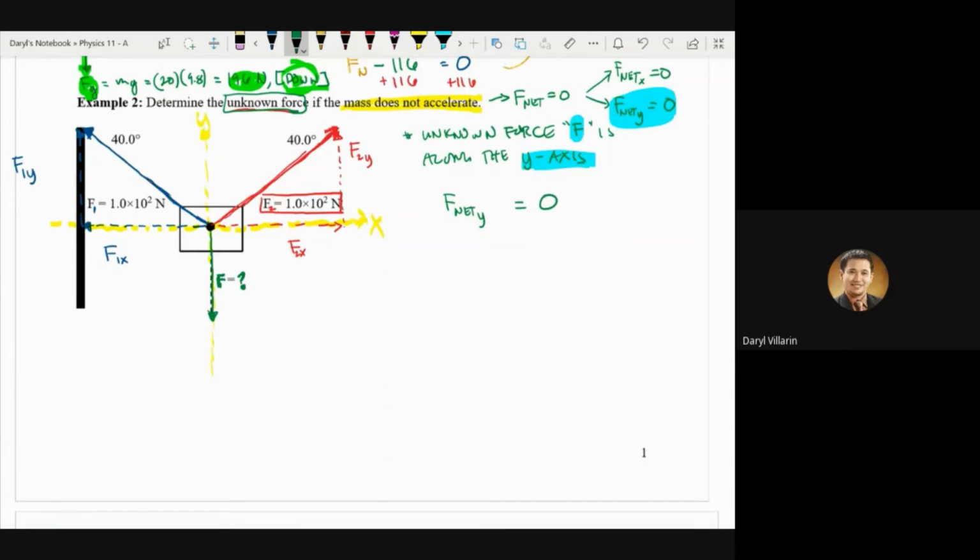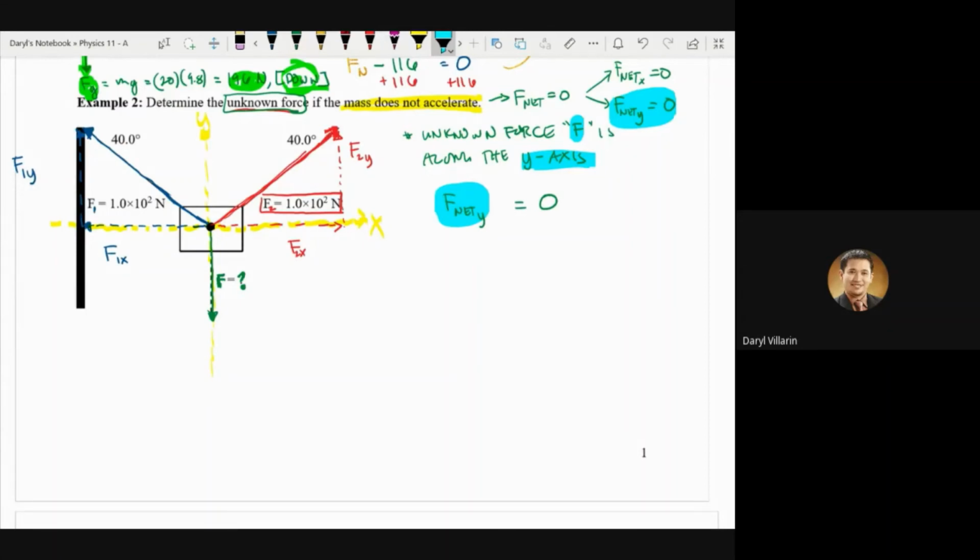Since it is not accelerating, the sum of all the forces is equal to 0. So now I'm just going to examine what are these forces along y.